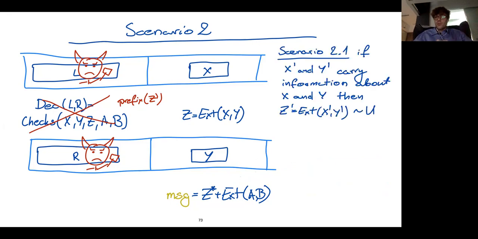Okay, and now we've got two scenarios. Either X prime and Y prime carry information about X and Y, or they don't. If they do carry enough information about X and Y, then Z prime has to be uniform, because X prime and Y prime are high entropic. But if it's uniform, then it's not going to fit the prefix adversary committed earlier on.